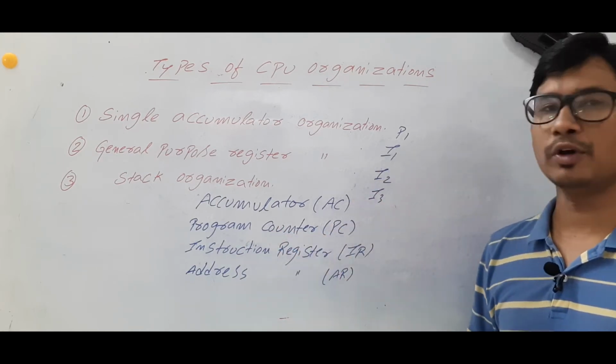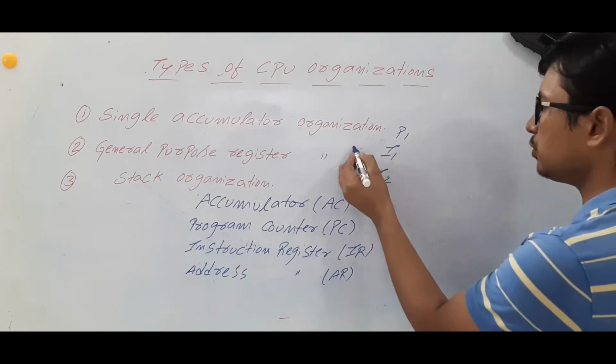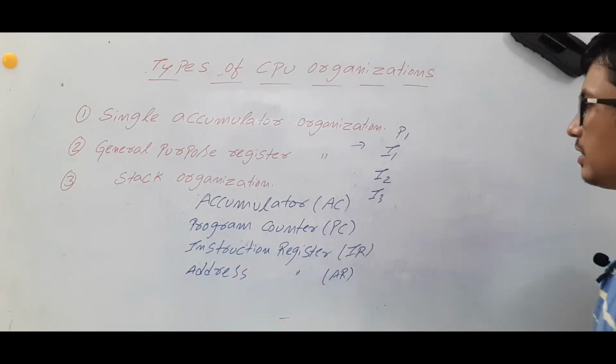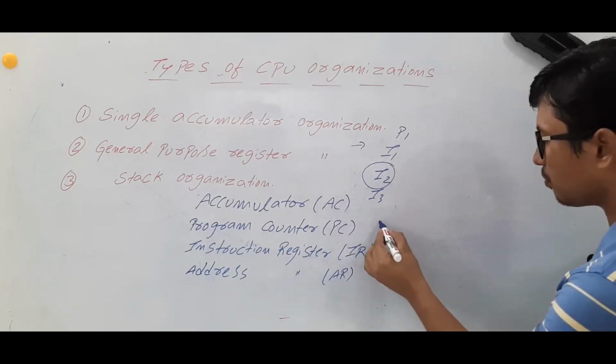Now coming to the program counter, it holds the address of the next instruction. Let's take that currently you are executing instruction 1. Then the address of the next instruction I2 will be stored in the program counter.